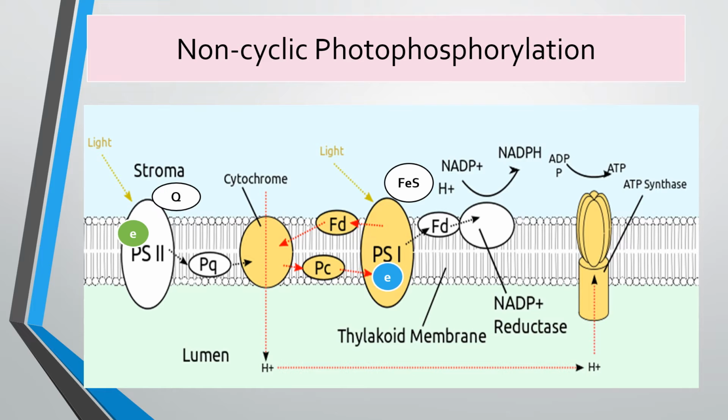As I said just now, as the photon strikes photosystem 2, the electron will be raised to a higher energy level and pass to the primary electron acceptor, which is acceptor Q. This electron continues its journey to the PQ and then cytochrome complex and PC until its energy level becomes low and back to the ground state at photosystem 1.